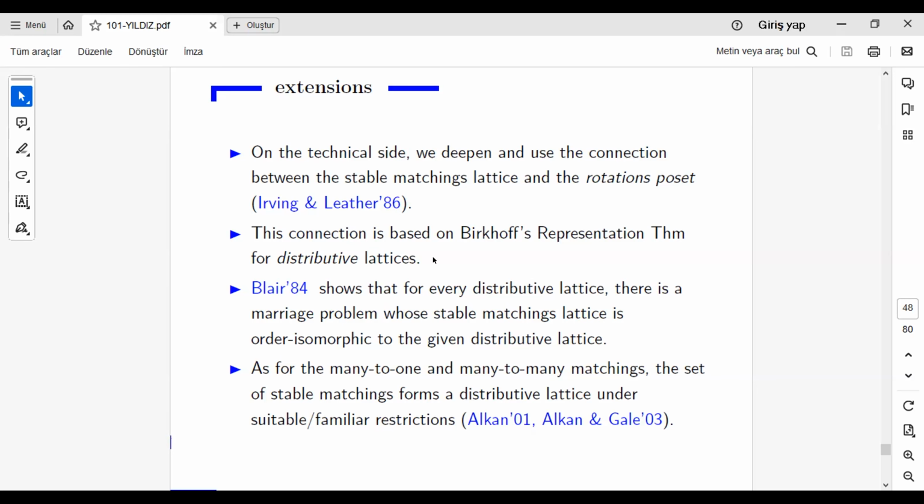And it turns out that there are conditions on the choice functions there that ensure that the set of stable matchings is a distributive lattice. And then our results here would generalize to that context. Okay. Fuad, I'm done.